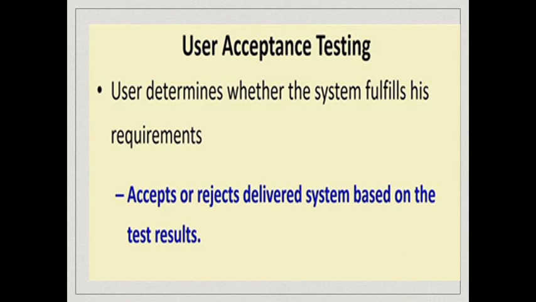Just to have some more basic ideas on testing: once the software is delivered to the customer, they perform what is known as user acceptance testing or acceptance testing. They check whether the system fulfills all the requirements and, based on their test, they either accept or reject the software.